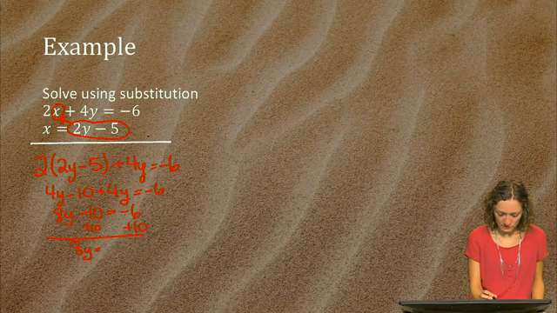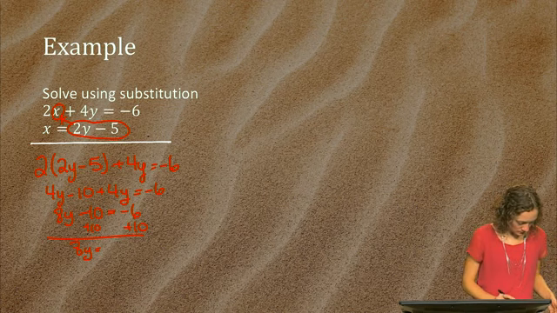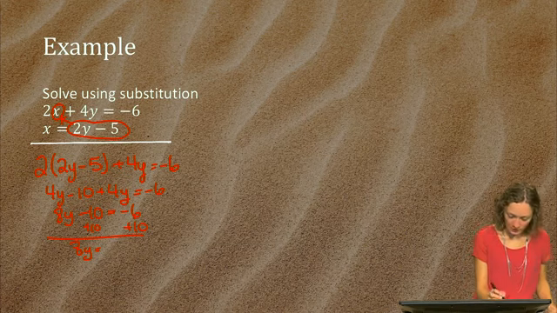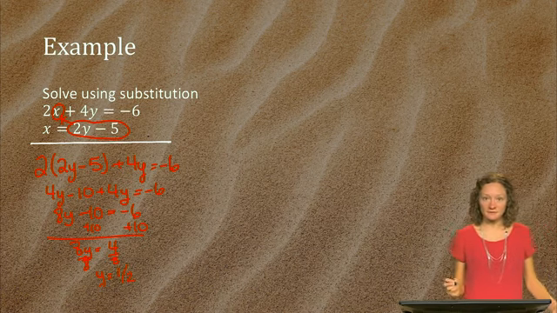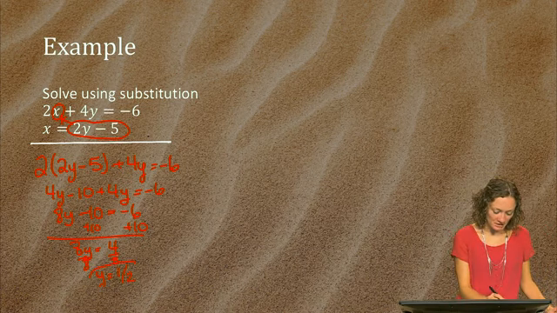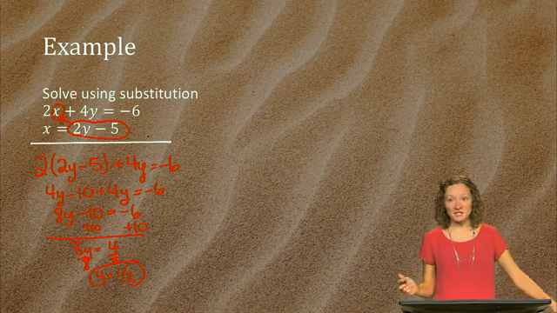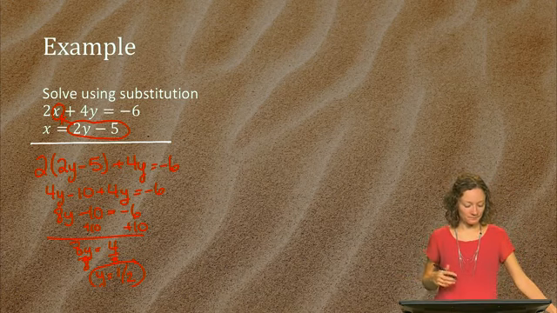Am I missing something? No. Okay, good. 4 divided by 8. We get y equals 1/2. Simplified fraction. Not ideal to have a fraction as your answer, but that's possible. So if that happens, we deal with it.